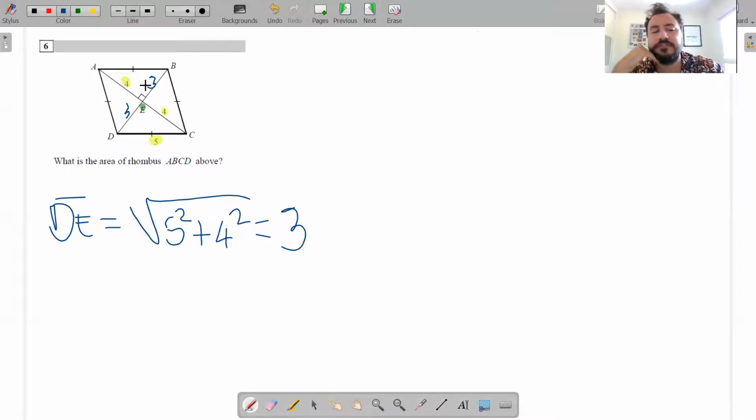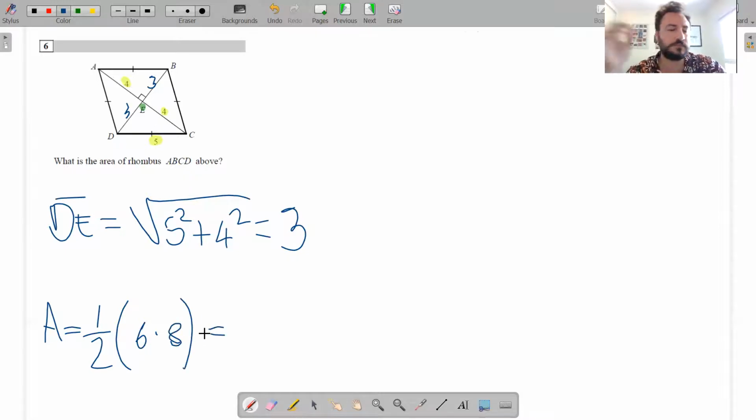So now we can find our area, which will be 1/2 multiplied by the diagonal DB, which is going to be 6, by the diagonal AC, which is going to be 8. 6 by 8 is 48, divided by 2 is 24.